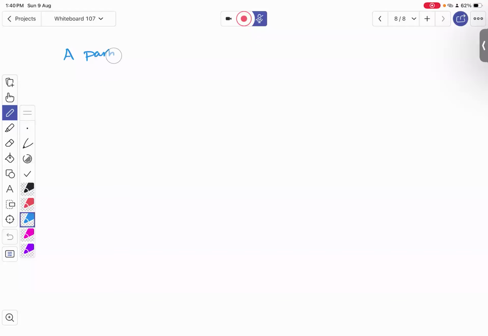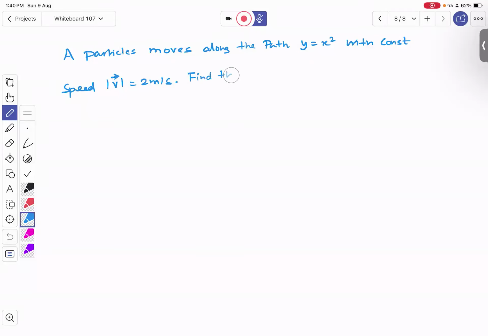A particle moves along the path y equals x square with constant speed of 2 meters per second, suppose. Find the net acceleration when it is at origin.